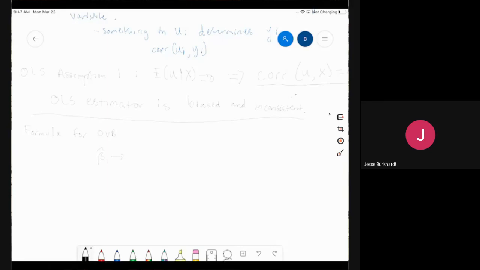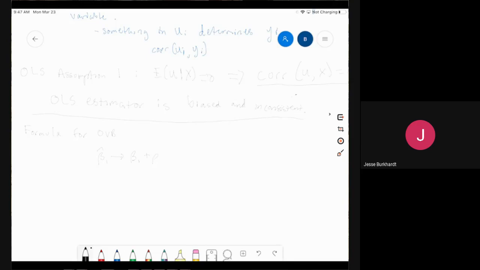This little arrow means converges, and that means when the sample size gets large, it converges to beta 1. So without omitted variable bias, beta hat 1 converges to beta 1, the true population parameter, the true slope. But when we have omitted variable bias, we have to add on an additional term here.